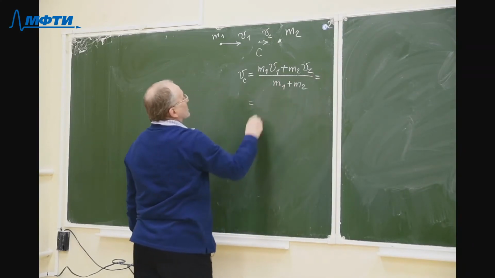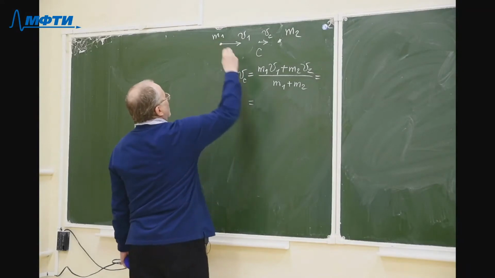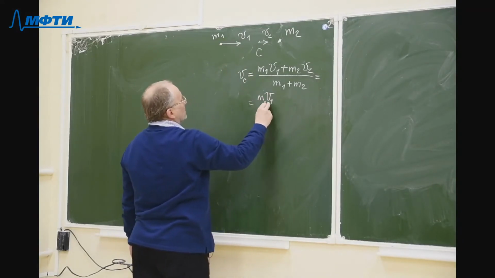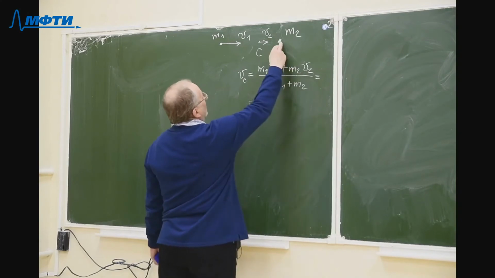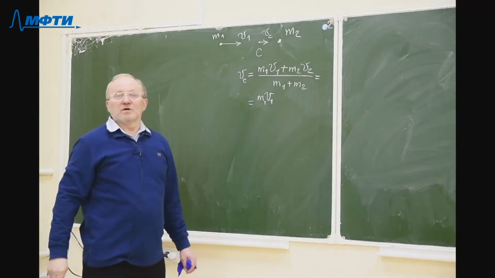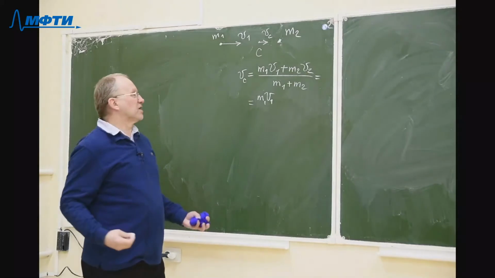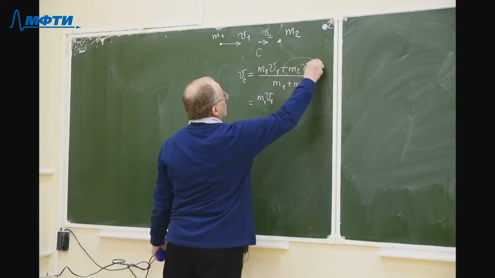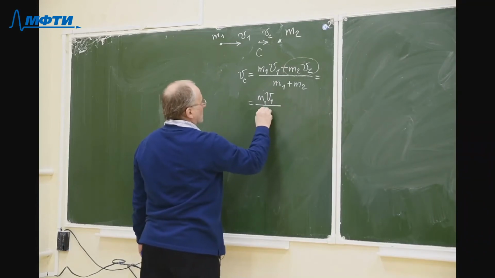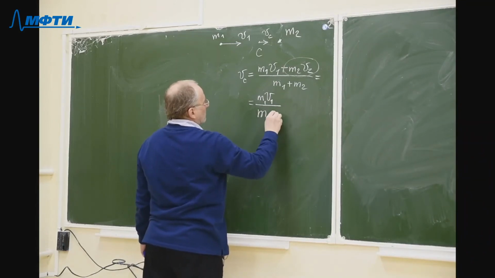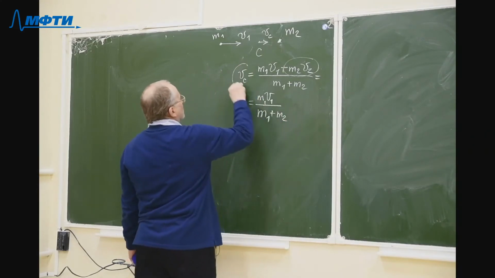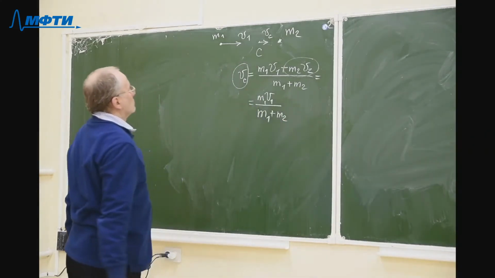In our particular situation, velocity v1 is given, so that is m1 v1, but the velocity of the second particle is 0 in our reference frame. So there will be no second term in this formula, and what we obtain is just m1 v1 divided by m1 plus m2. That will be the velocity of the center of mass.